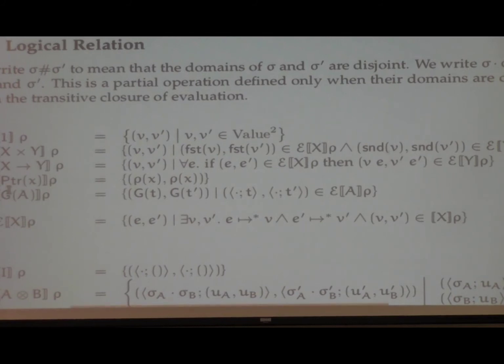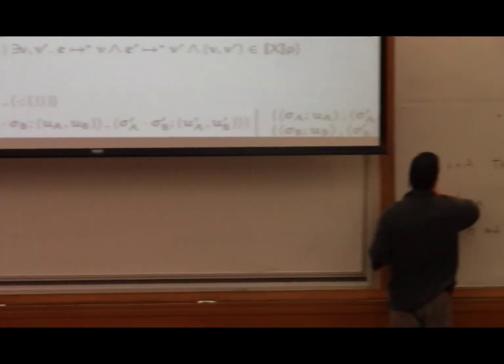And the pointer type, okay, now I can explain this little rho here. What we saw yesterday was that when we introduced the typing rules for pointers, we introduced an extra context to name all the pointers.